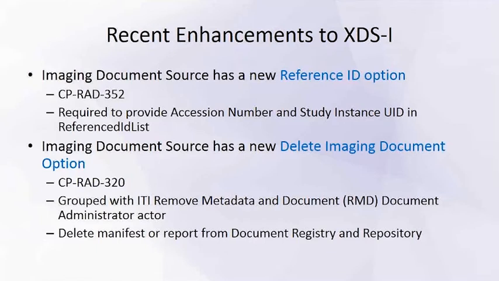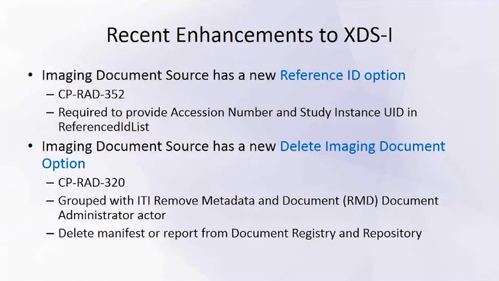That one, we now introduce a new reference ID option. In the reference ID list, XDS-I already supports a session number, and now this option also includes the ability to set the study instance UID in the reference ID list. As many of you know, study instance UID is a very important, unique key in the imaging world. So now both pieces of information are available in the reference ID list.